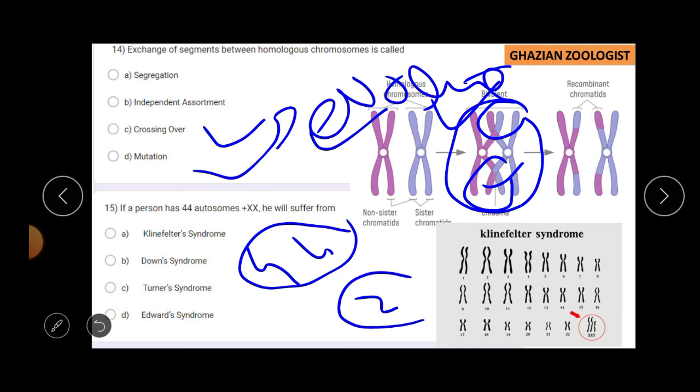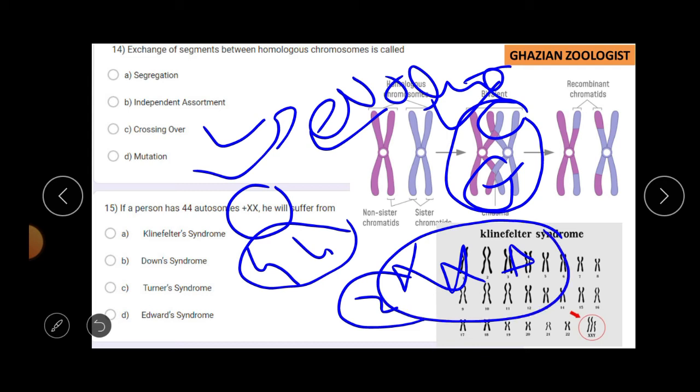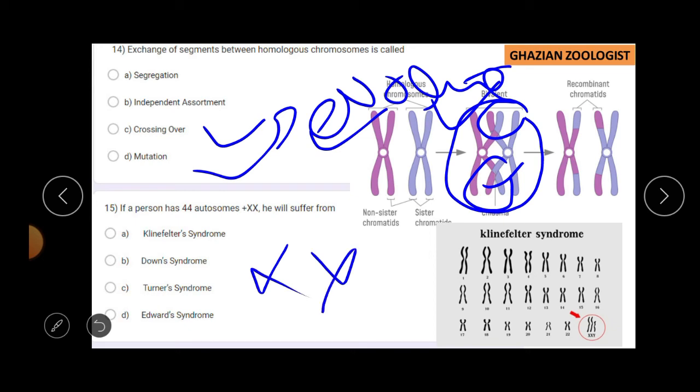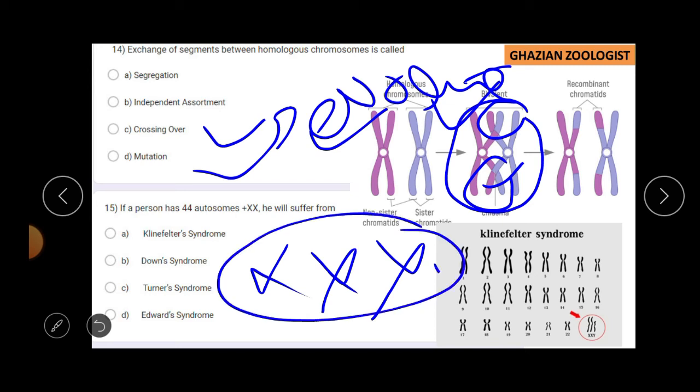But in this case there is an addition, you can see there is a plus sign with XX. XX plus n shows that there is an addition of one chromosome, like in this image. Here it is shown XX and with Y. This case shows that there is an addition of one chromosome.